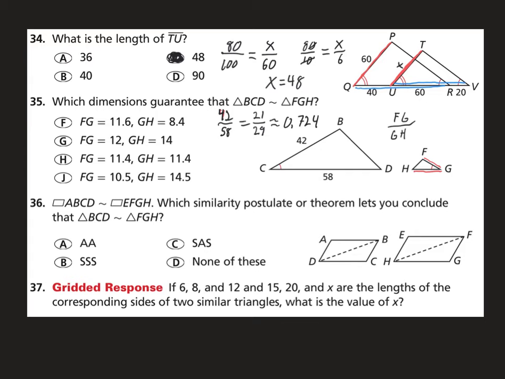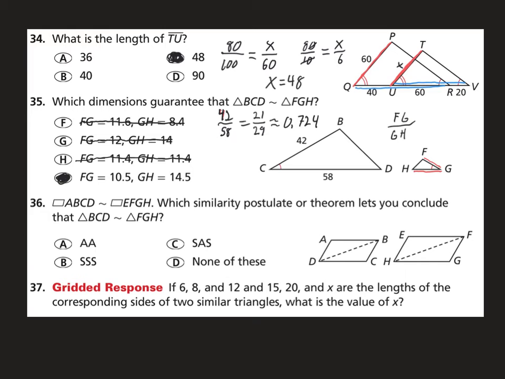Okay, so the first one here, I know this is not correct because this will give me a number greater than 1 since FG is larger. This one does not equal 0.724. This one here is equal to 1, so that definitely can't be it. So we're left with J, and I did put it on the calculator and make sure that did equal 0.724.